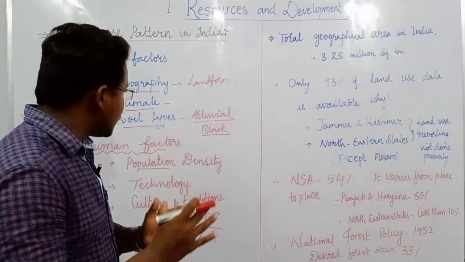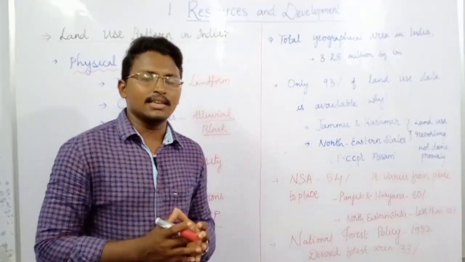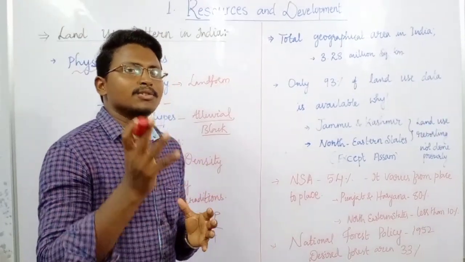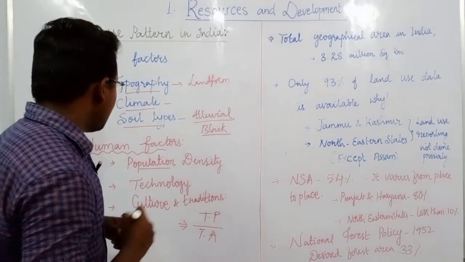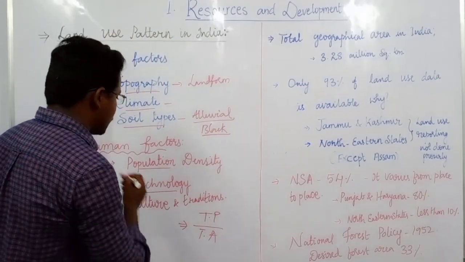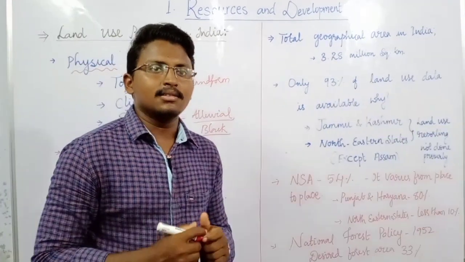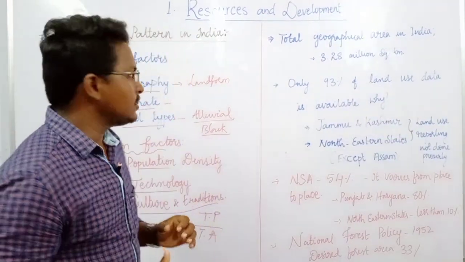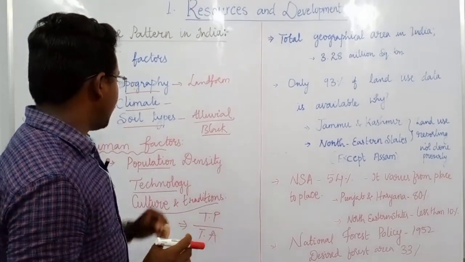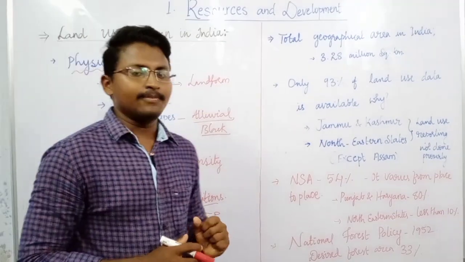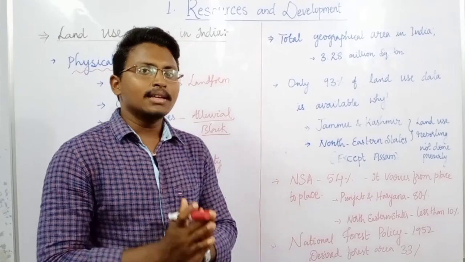If the population density is very high, we may use more and more land. Then the availability of technology, and cultures and traditions, are all highly responsible for the usage of land in India. Take technology: if we compare two areas, you can understand.